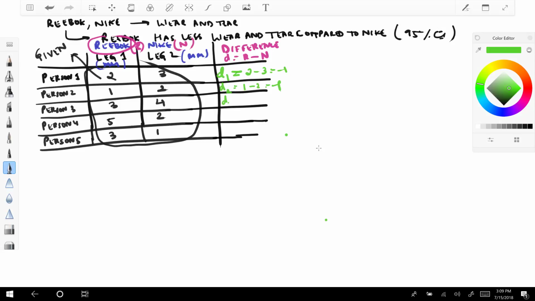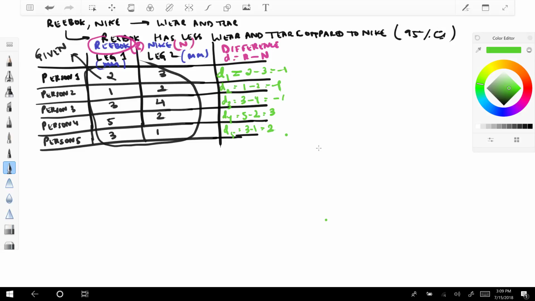D3 is 3 minus 4, that is negative 1. And then D4 is 5 minus 2, that is 3. D5 is 3 minus 1, that is 2.